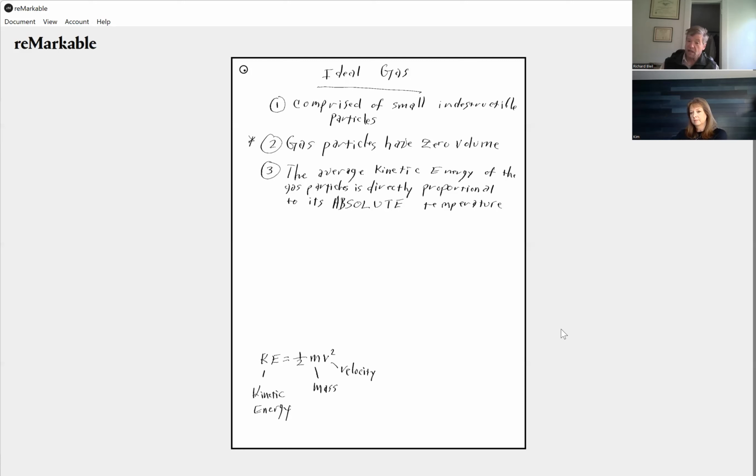The other temperature scale of which I'm aware, and there's an absolute temperature scale for every temperature scale that exists. The other temperature scale with which we are all familiar is Fahrenheit. The absolute temperature scale that corresponds to Fahrenheit is called Rankine. The Rankine temperature scale is the absolute temperature scale corresponding to Fahrenheit, just like Kelvin corresponds to Celsius.